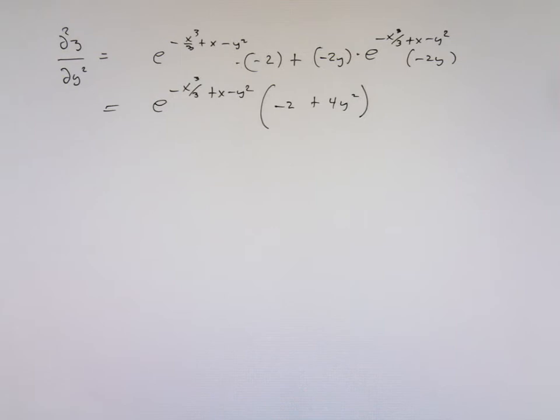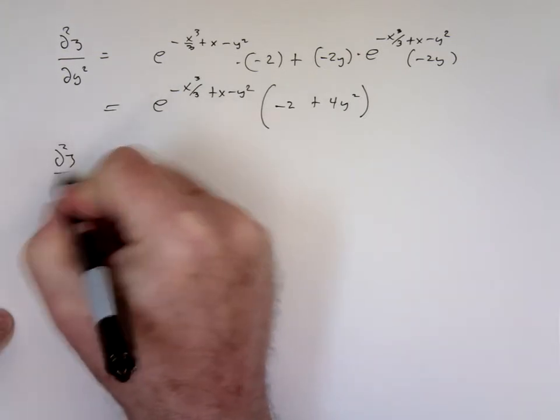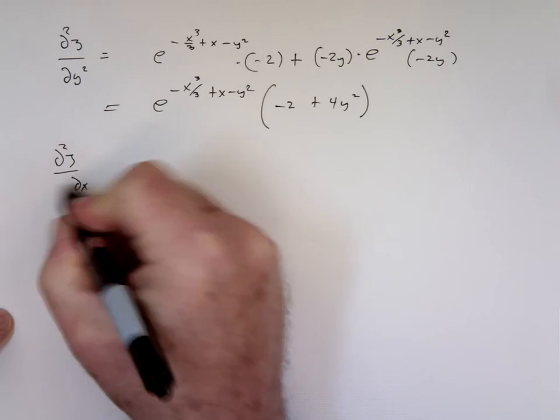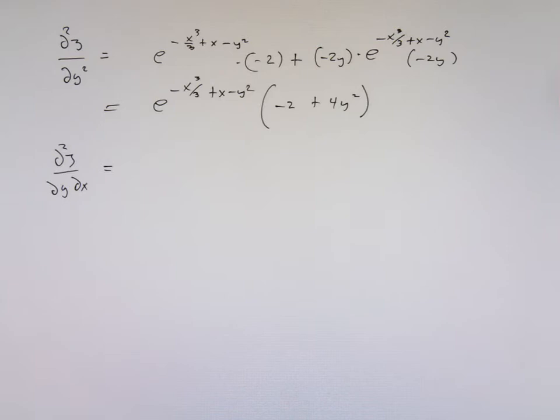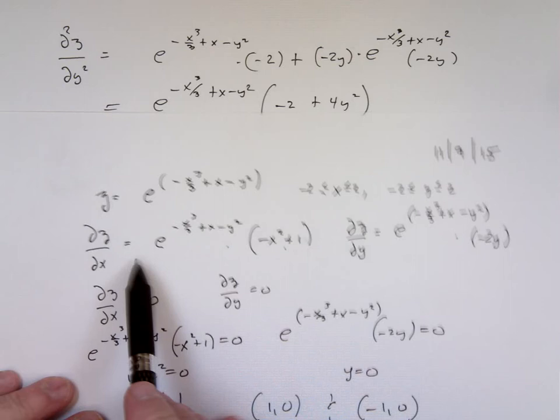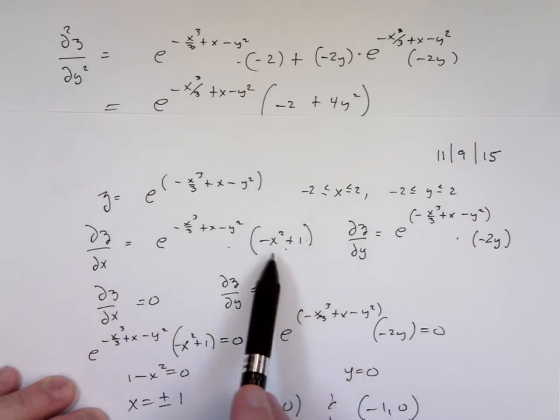And now we need the mixed partial. It doesn't matter which one you start with. Take your pick. I'm going to start with the partial with respect to x and find its partial with respect to y. But there's good news here, because in the partial with respect to x, when we take its partial with respect to y, this is just a constant.